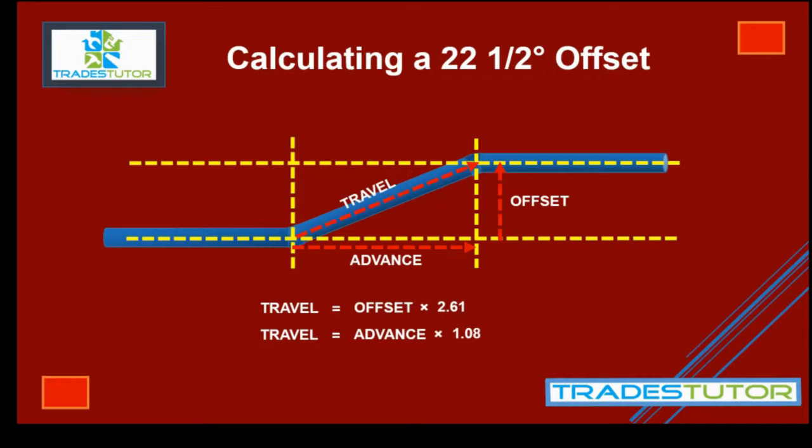And same thing for the advance: the travel is 1.08 times bigger than the advance. So that's the whole relationship. And if you were thinking, wait a minute, I remember in school, these look like trigonometry numbers. Well, in fact, that's where the numbers are derived from.